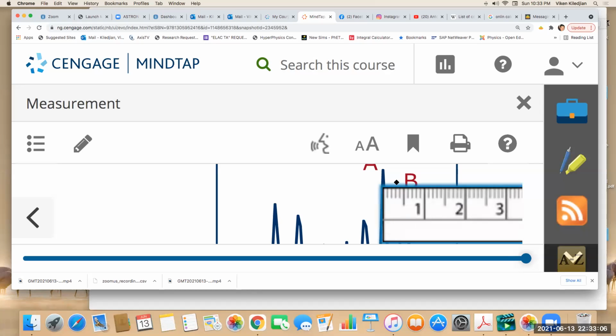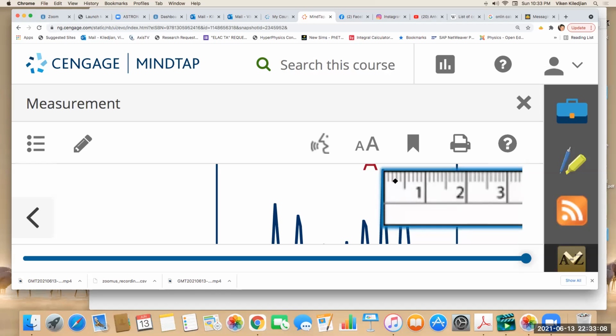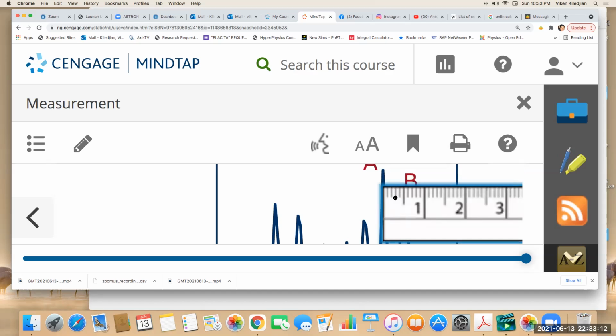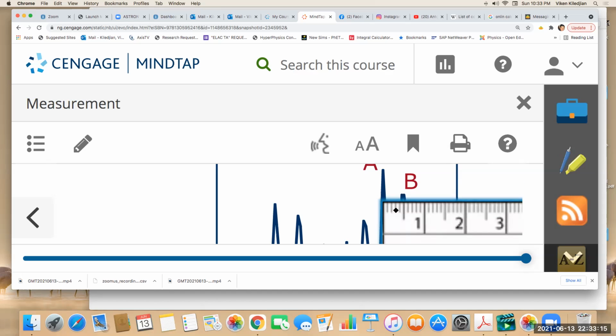So let's say from the middle of the A, right there, all the way to the B. That looks like 0.5, right? From here to here, it looks like 0.5. It does look like a little bit less than 0.5 if you look at it. You see here? Kind of right there.